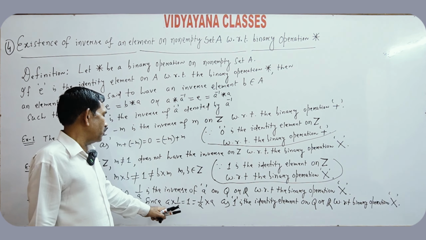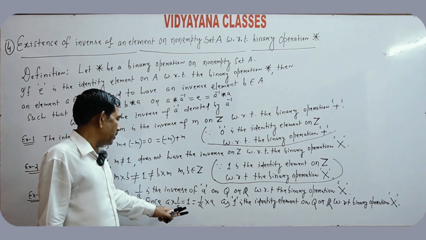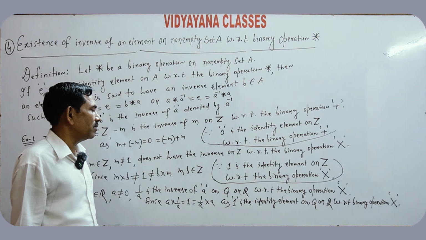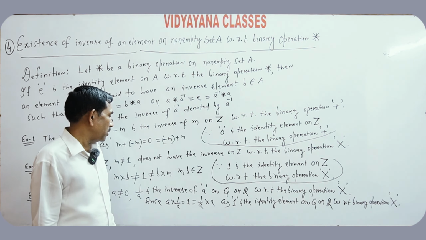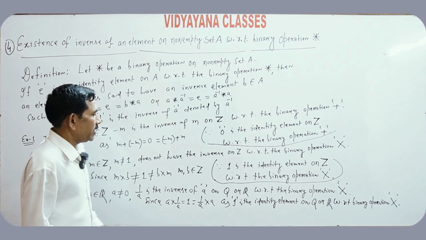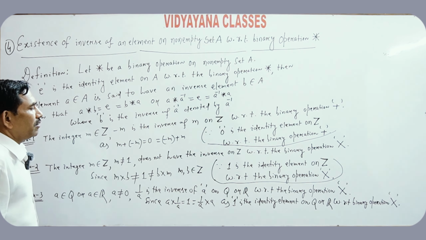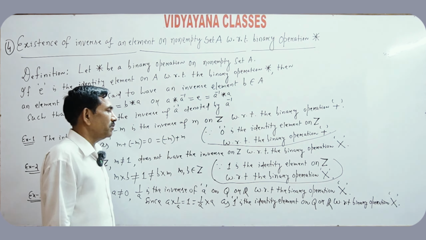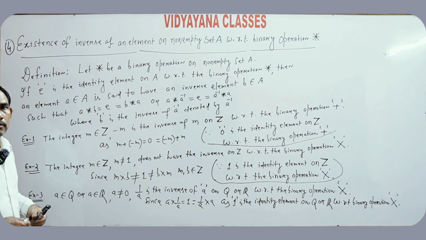Since a into b, b means 1 by a, is equal to 1, 1 is the multiplicative identity on the set of rational numbers or real numbers, which is same as 1 by a into a. As 1 is the identity element, that means multiplicative identity on Q or R with respect to binary operation multiplication. Are you clear? Okay, note down.